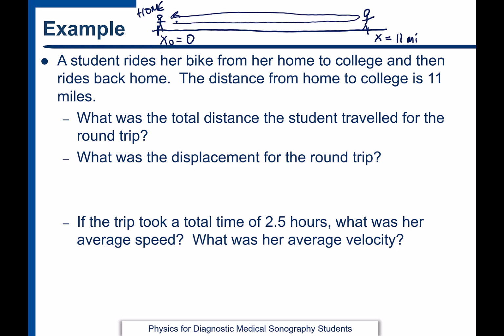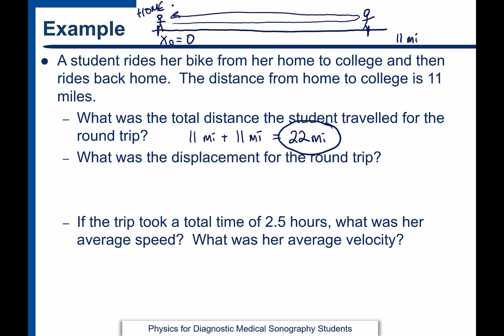So what was the total distance for the student's round trip? Well, it's just 11 miles to college plus 11 miles home. So we get 22 miles. What was the displacement for the round trip? Well, you'll notice that her final position is actually not 11 miles. That's where she is right here.